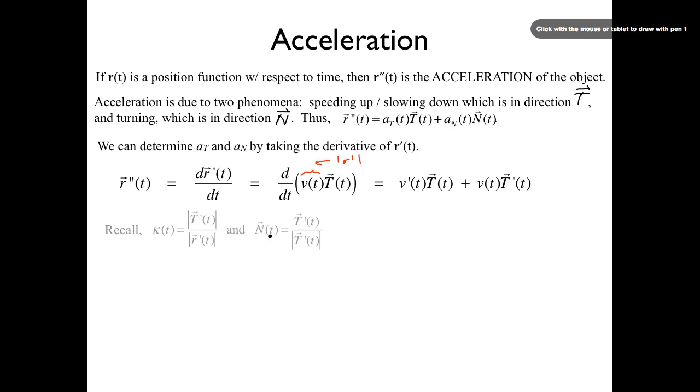So first, T prime is going to be the magnitude of T prime times N, and then the magnitude of T prime is going to be curvature times the magnitude of r prime. Putting those two together, T prime is curvature times magnitude of r prime times N.